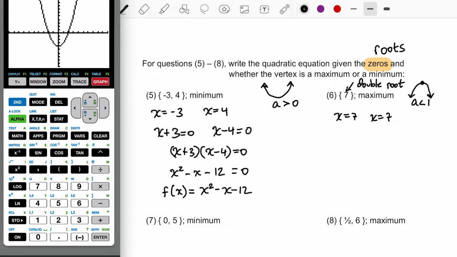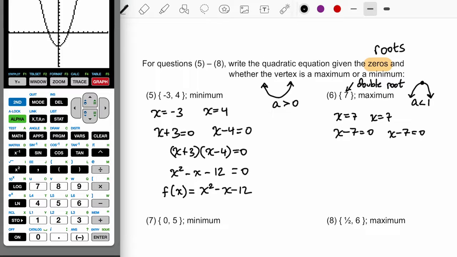What happened was x was equal to one number twice, but since it was the same number, we only represent it once. Where does this graph cross the x-axis? 7 and 7. Well, couldn't you just say 7? Yeah, that's why we just say 7. All right, but what led to that? Two factors that were identical.